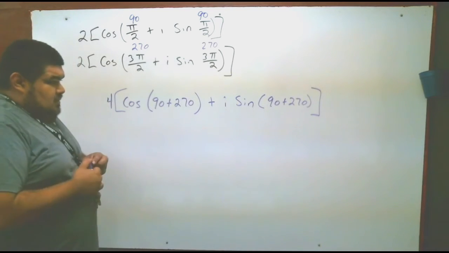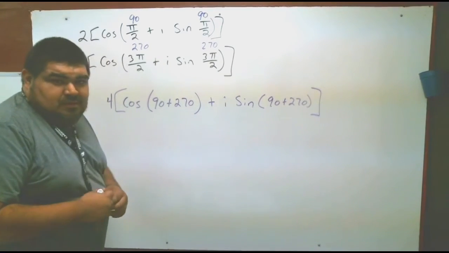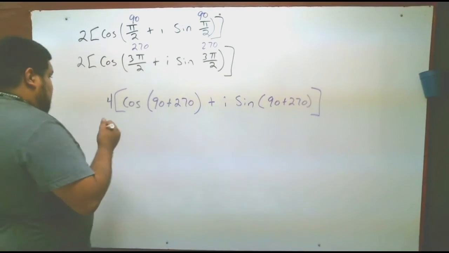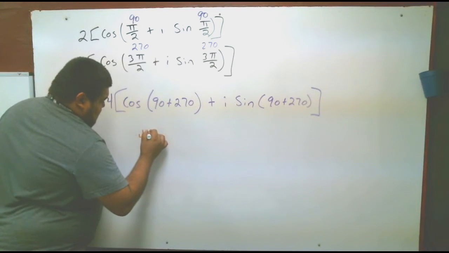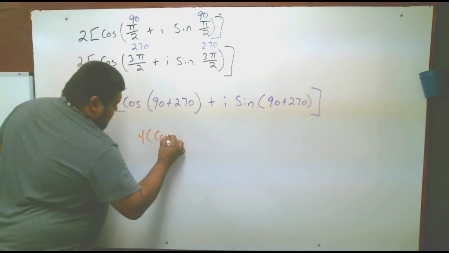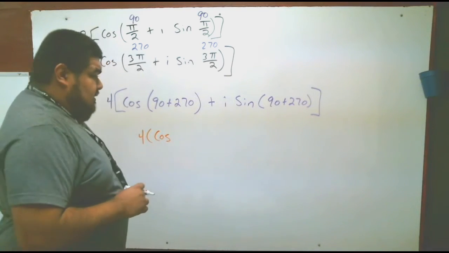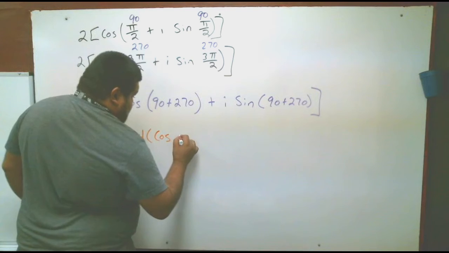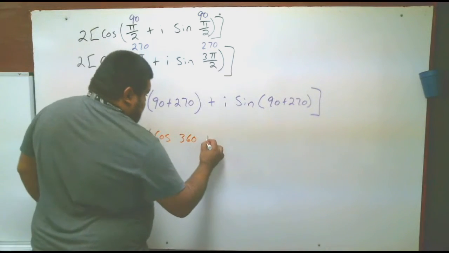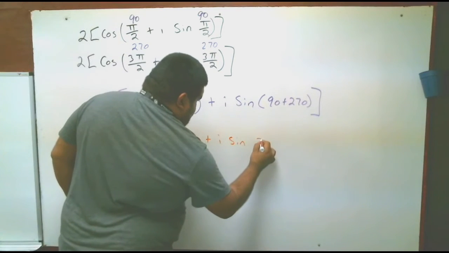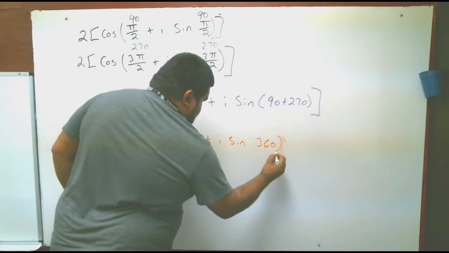Now that we have that, again, we can combine it. We can say 4 cosine of 90 plus 270, which is 360, plus i sine of 360.